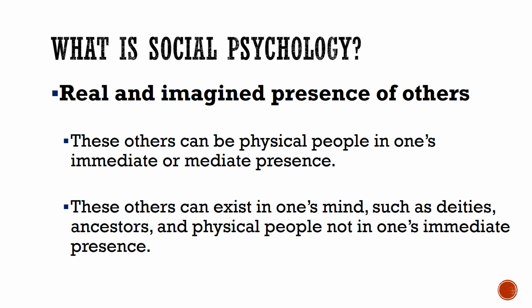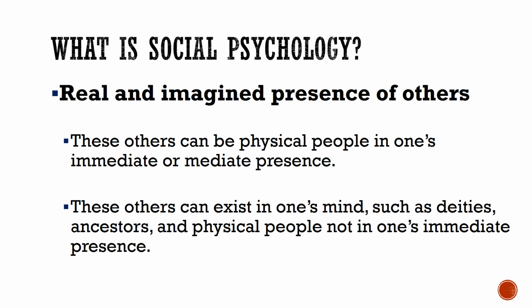These others can also be others that exist in one's mind. This includes deities such as God or Allah, ancestors, a dead grandma one still talks to, and physical people not in one's immediate presence, such as one's very much still alive mother. These types of others, which you might call imagined others, do influence people's behavior, thoughts, and emotions.